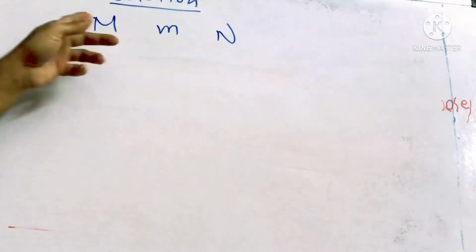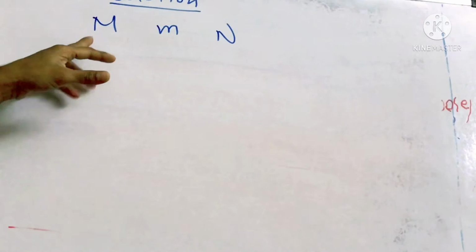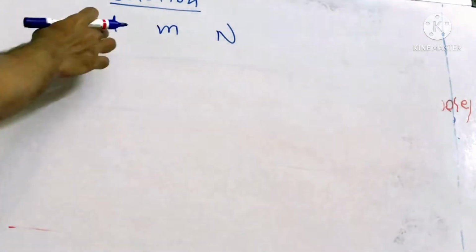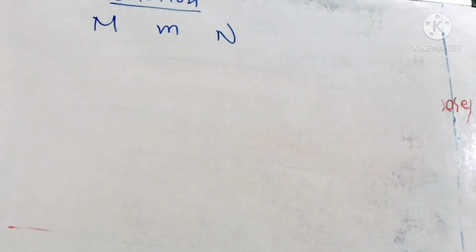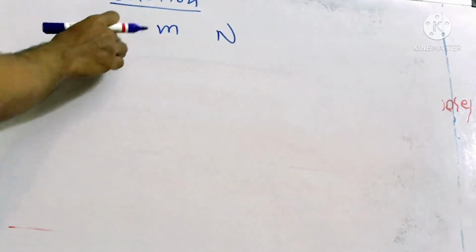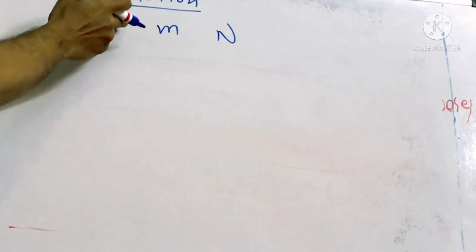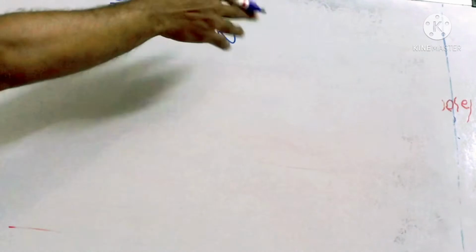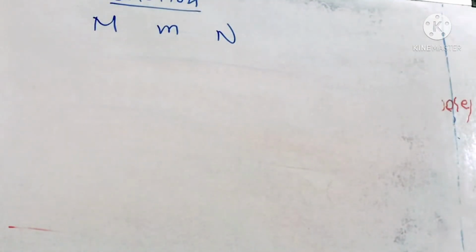Molarity is number of moles of that particular solute to the total volume of the solution in liters, or number of moles of solute by total volume of the solution in milliliters multiplied by 1000.